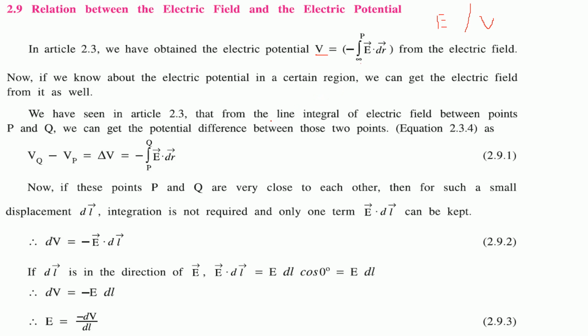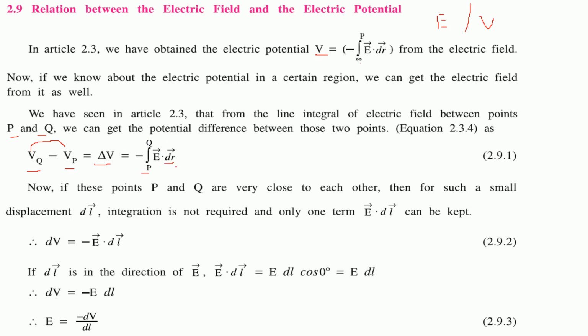How? From the line integral of the electric field between 2 points, say P and Q, we get the potential difference between these 2 points. So VQ minus VP, the delta V, is given by the integral from P to Q of minus E dot dr.